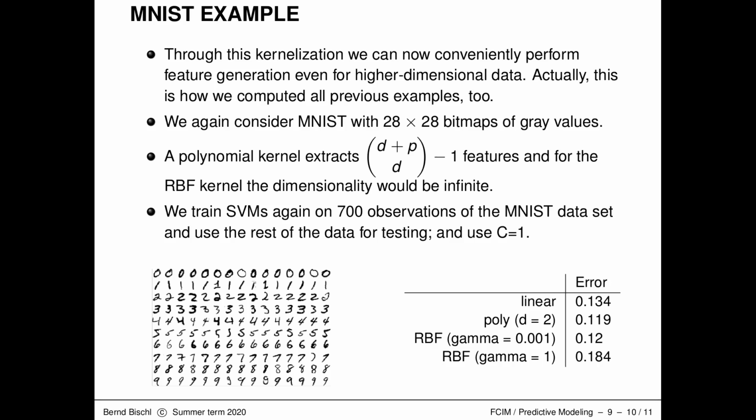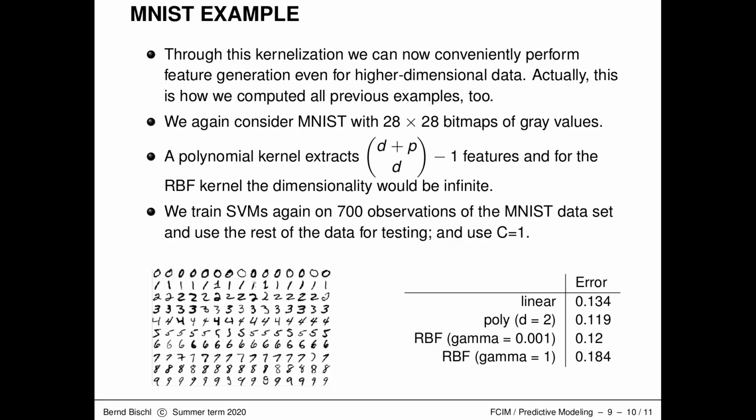I began motivating the whole thing through the consideration of a feature generation for MNIST. So I'm going to wrap this up here a little bit by doing this again. What I can now do through this kernelization is conveniently perform such a feature generation as I discussed before. So for example, using interaction effects and effects of quadratic or cubic order or even higher for quite high dimensional data.